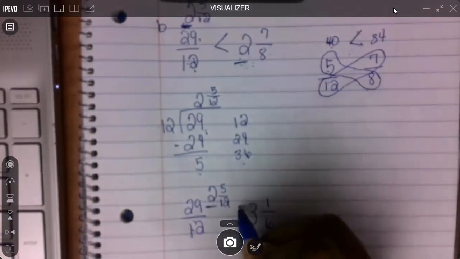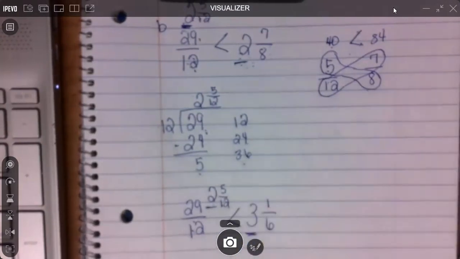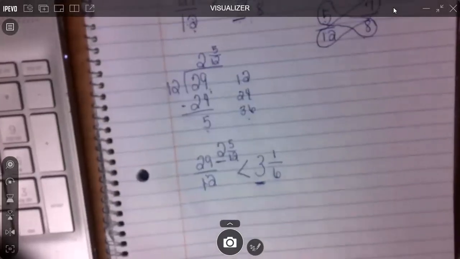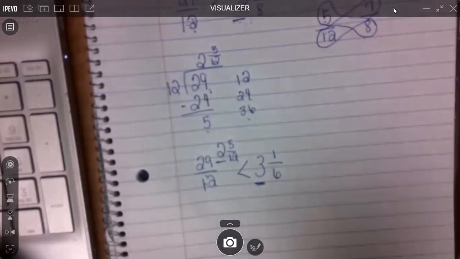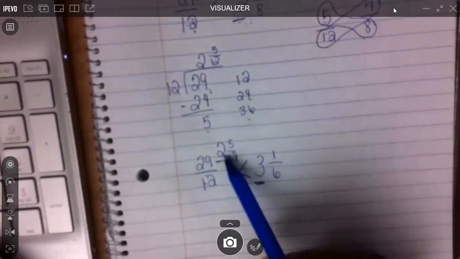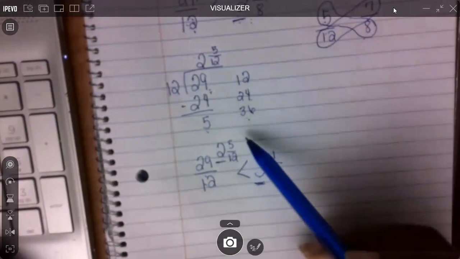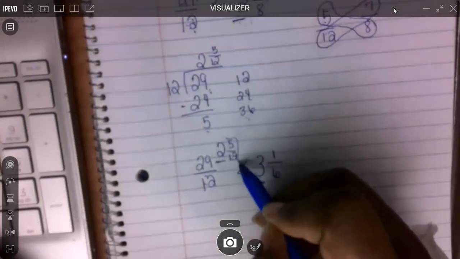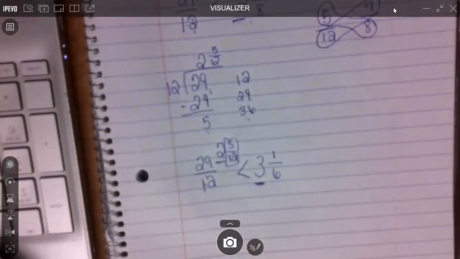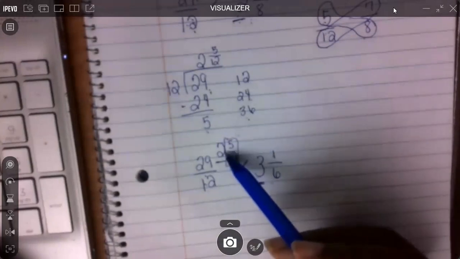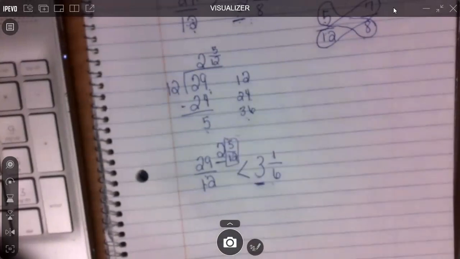So I don't need to look at the fractions because my whole numbers automatically told me which one was greater. 3 is greater than 2. Now, if this was an improper fraction, then I would change that to a whole number, but it's not. So I'm saying that 3 1/6 is greater than 2 5 twelfths.